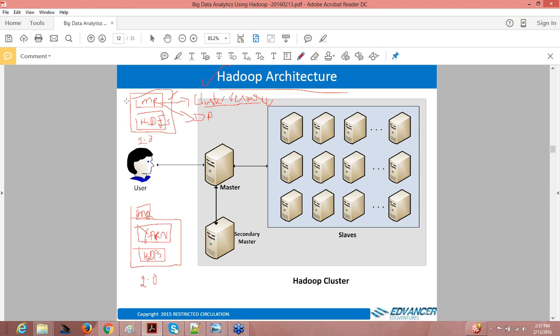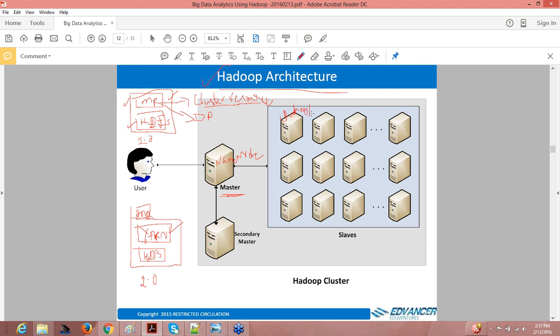All these components, MapReduce, HDFS, YARN, follow master-slave architecture in Hadoop. The master manages the cluster; basically, it manages all the slaves. Slaves are the actual workers. Coming to HDFS, the master is called the name node and the slaves are called data nodes.